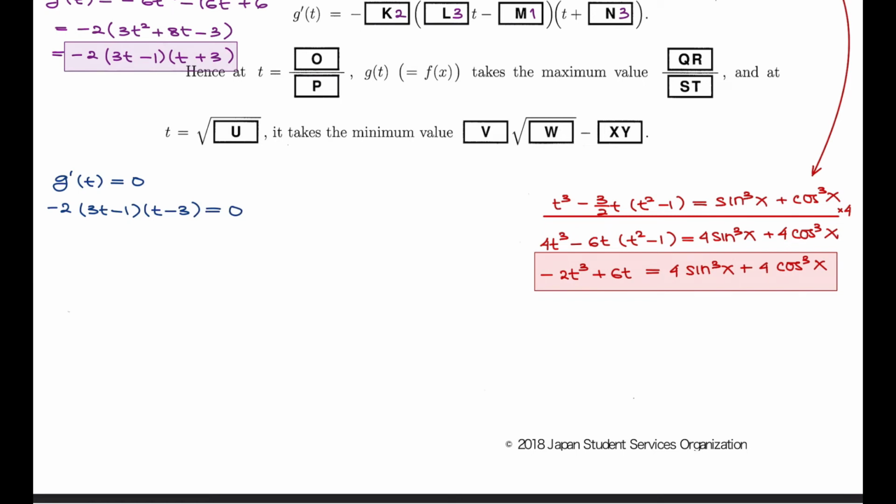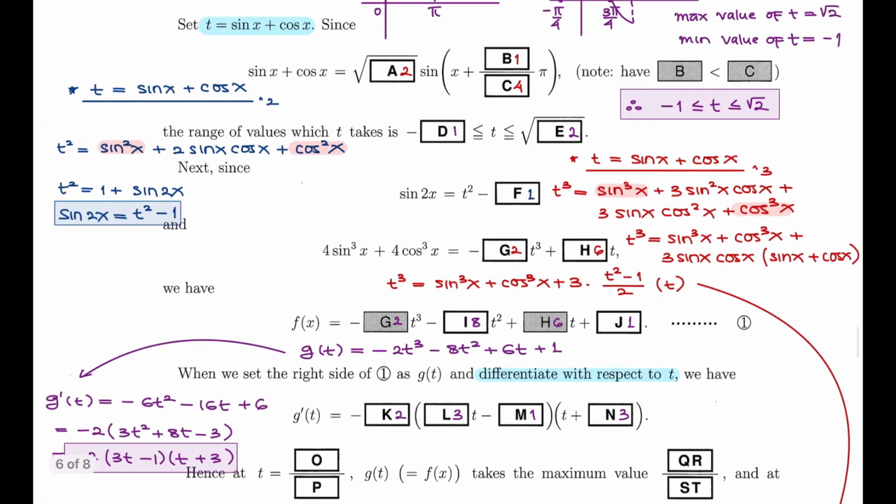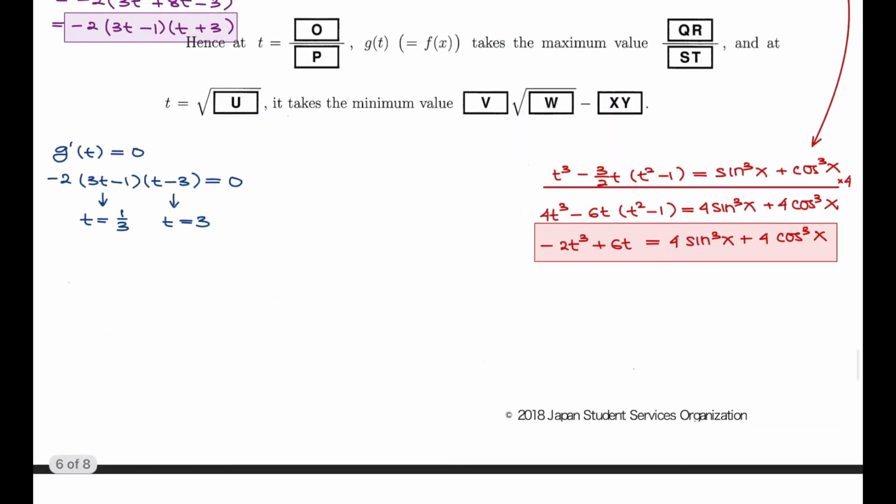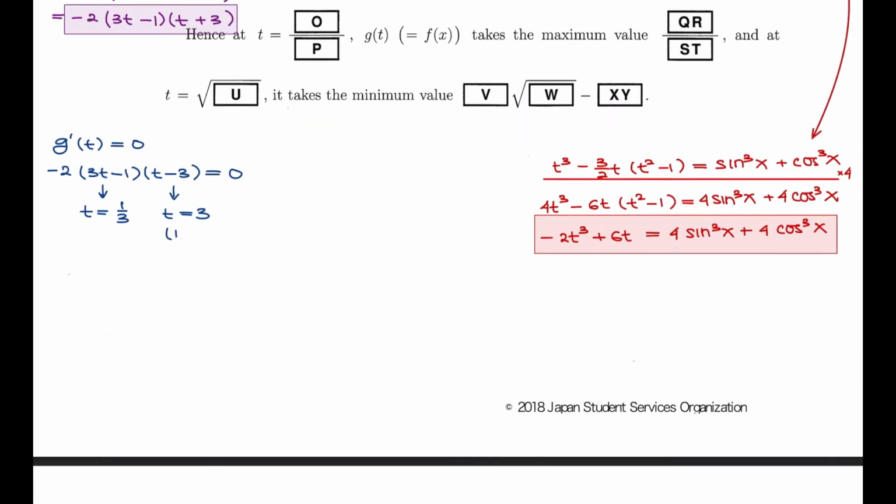g prime t is equals to 0, then negative 2, 3t minus 1, t minus 3 is equals to 0. Then I got two values of t, which is 1 over 3 from this expression, and then t equals to 3 from the other one. But since t is between negative 1 until root 2, we should reject this zero.